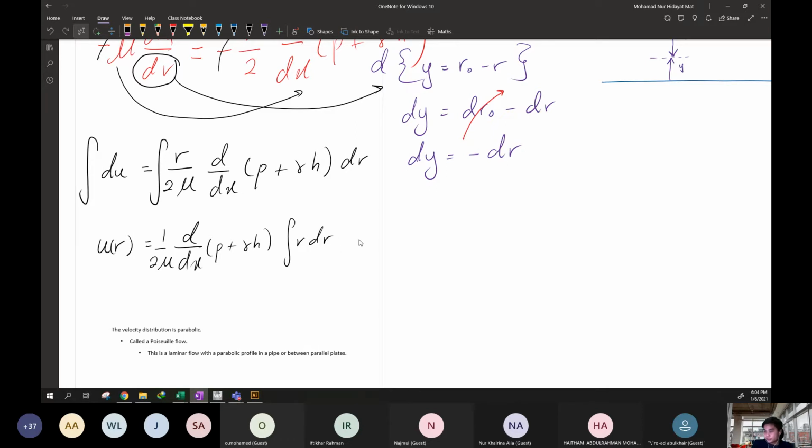Okay, so I try to integrate. I will have u as a function of 1 over 2 mu d over dx pressure plus gamma h integration r squared over 2. This is from r0 to r.